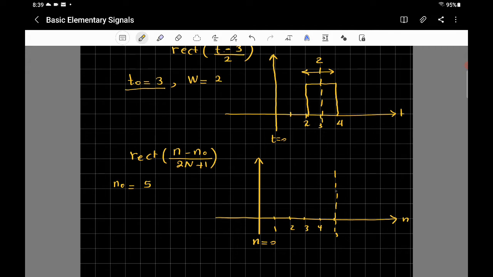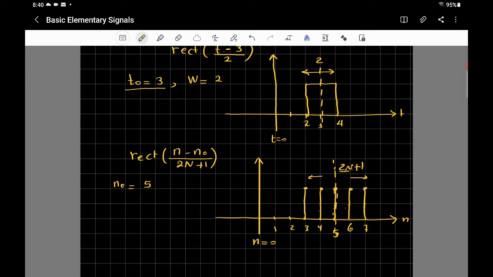So let's say that you have a pulse here. You have 1, 2 to the right of the axis of the pulse, and you have another 2 to the left of the axis of the pulse. So the total will be 1, 2, 3, 4, 5. That will be the width, which is equal to 2N plus 1. Why do we write 2N plus 1? We have N to the right of the axis, which is 2, and N to the left, which is 2.